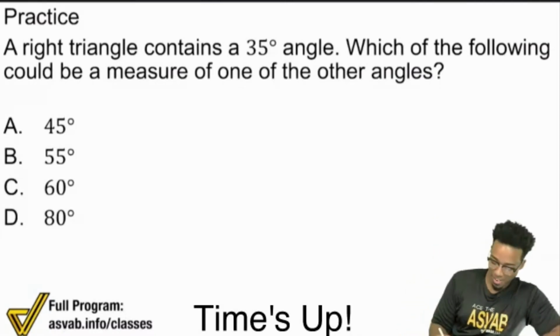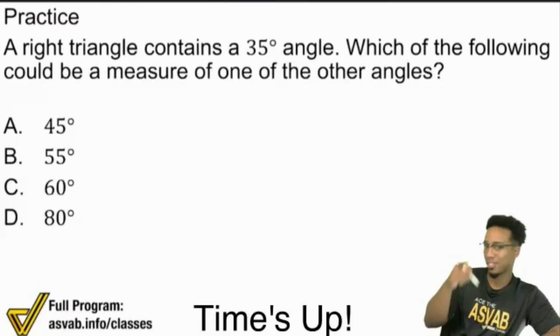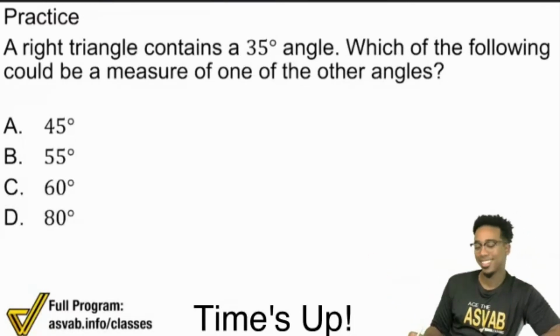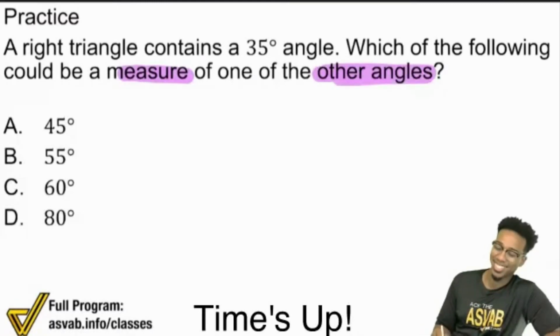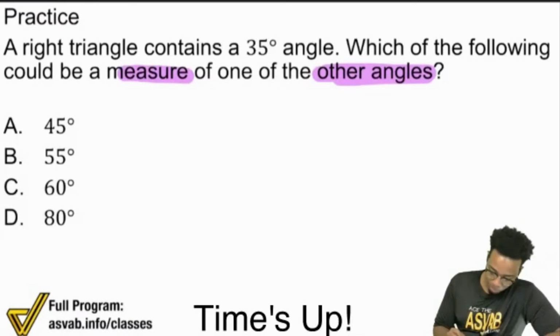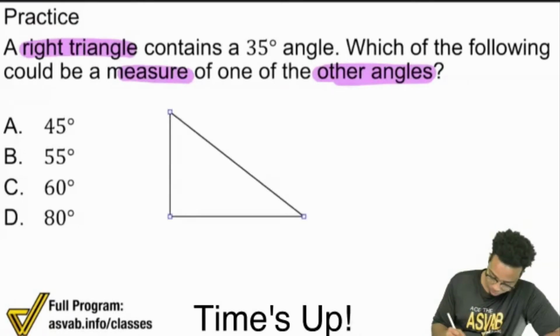Oh, yeah, please. Okay, so first start off with read the question. What are we looking for? Yeah. Okay, so we're looking for the measurement of the other angle. I double checked the answer choices because you caught us on the last one. So I see that 90 wasn't there. So I knew that wasn't one of the selections. So what I did was I start off with it being the right angle, which also has measures, what is it? 180, but it has a right angle right there that measures 90.